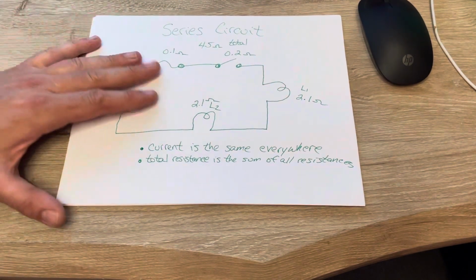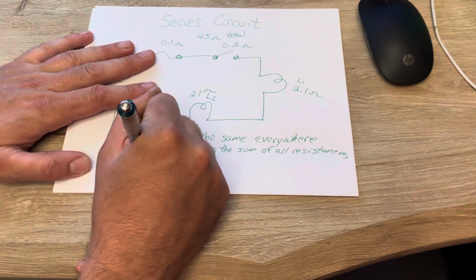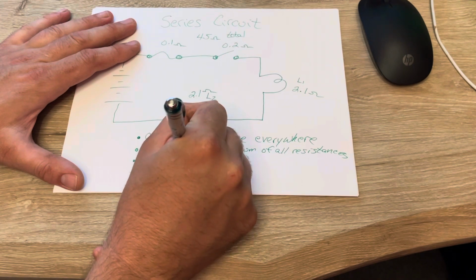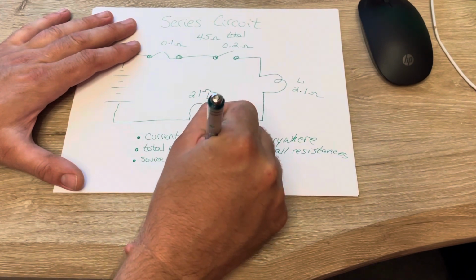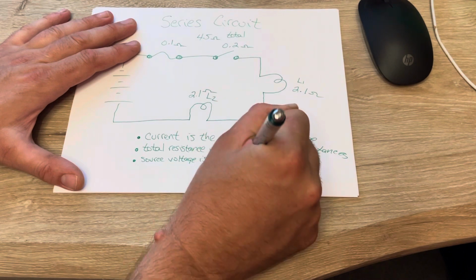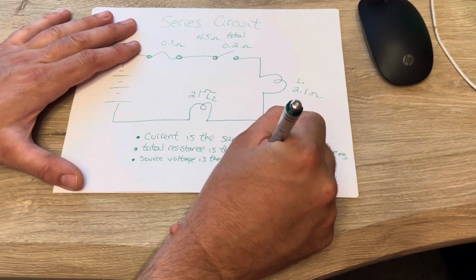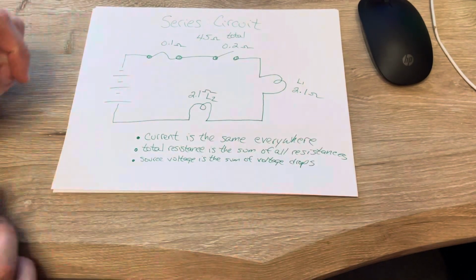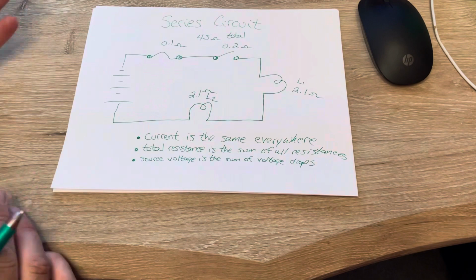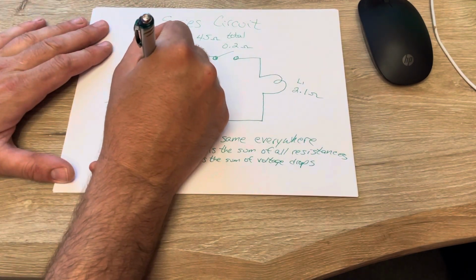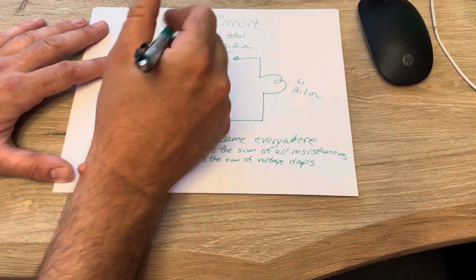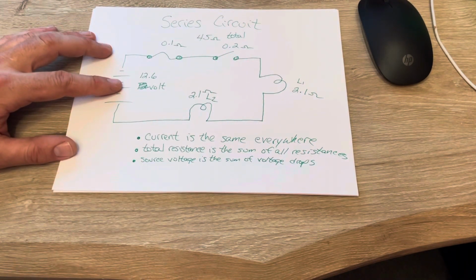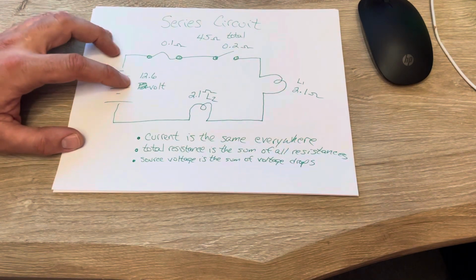And then the last rule is the source voltage is the sum of voltage drops. So if you had a 12 volt battery here, we're going to actually just say a 12.6 volt battery here, because that's what an actual automotive battery is.